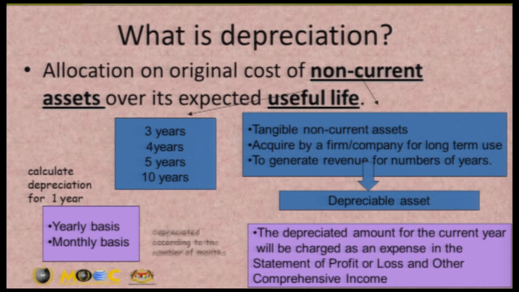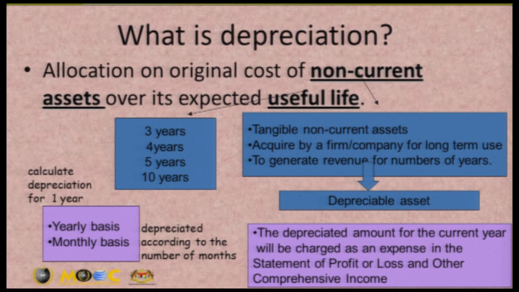For the monthly basis, it will provide depreciation according to the number of months the asset belongs to the company. For example, if the company bought a machine on 2nd of April 2016, the number of months to be depreciated is starting from April until December, and it will be 9 months.